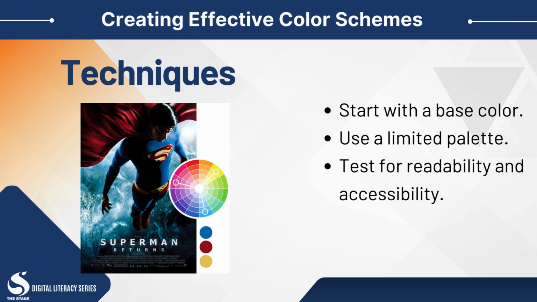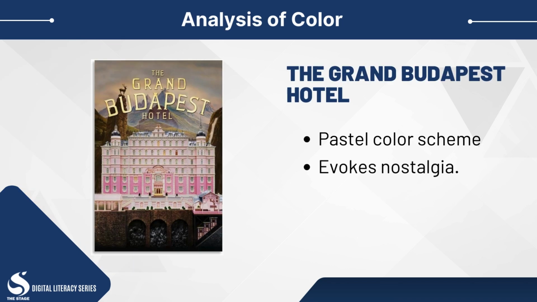Even with this example here of Superman, the base really is the blue. And then we build upon that to make sure that the contrast is there, but the readability and accessibility still exists.